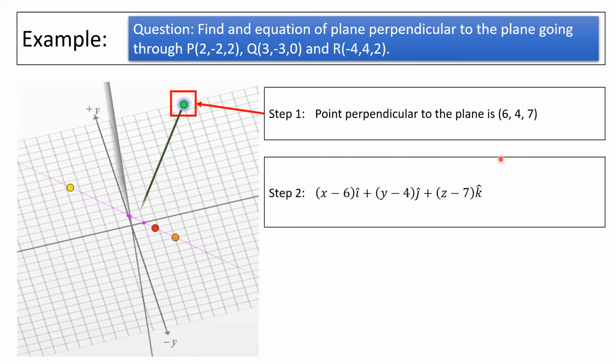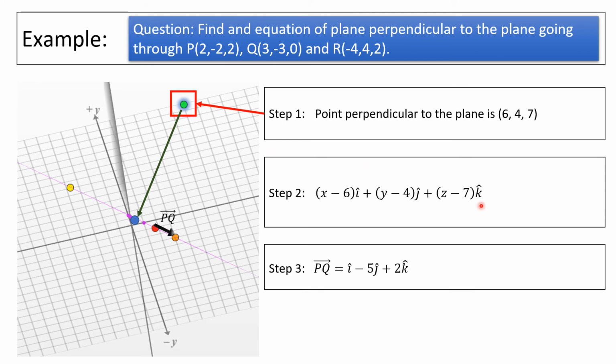Now the next step is to find the vector that connects this point to a point on the plane. Here you take the coordinate of the head minus the coordinate of the tail, and you have x minus 6 i plus y minus 4 j plus z minus 7 k.